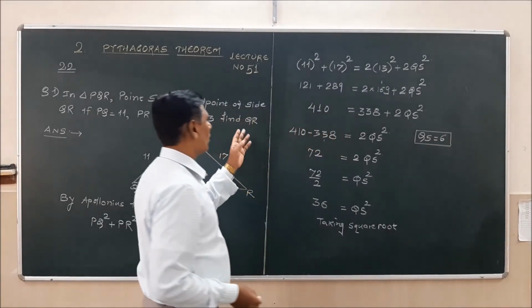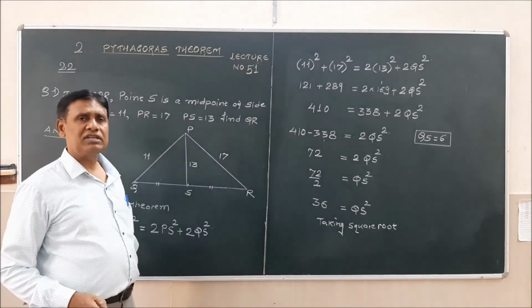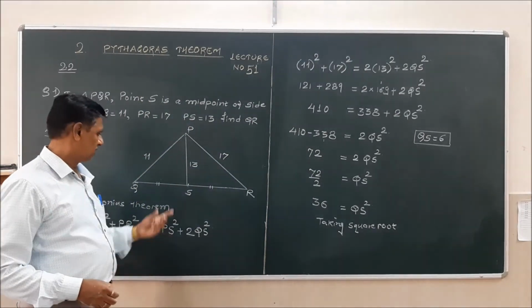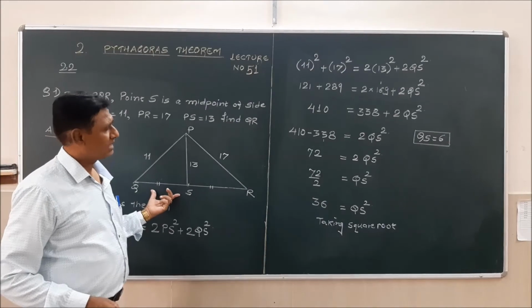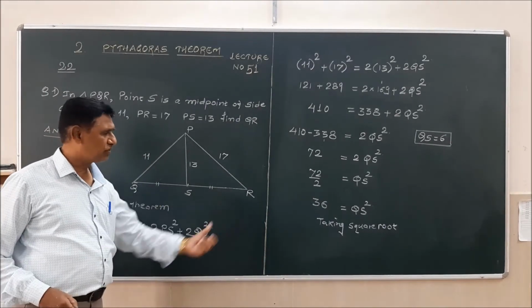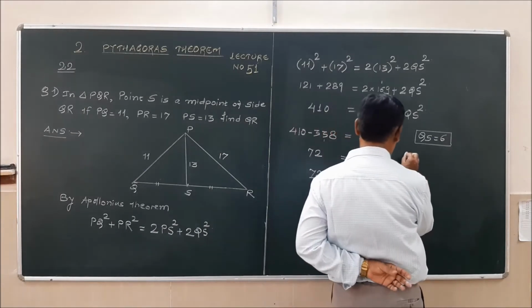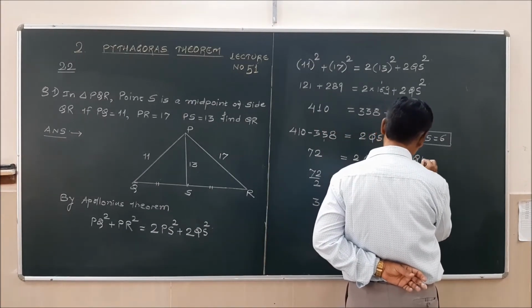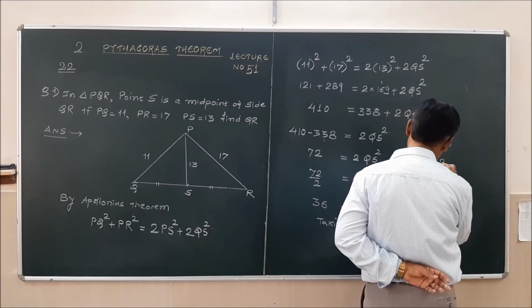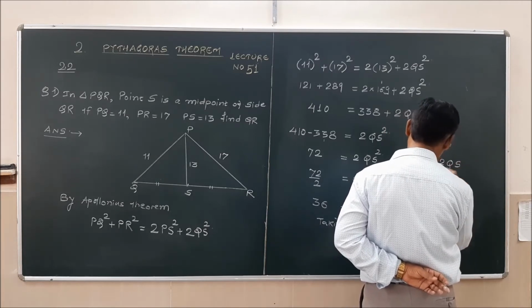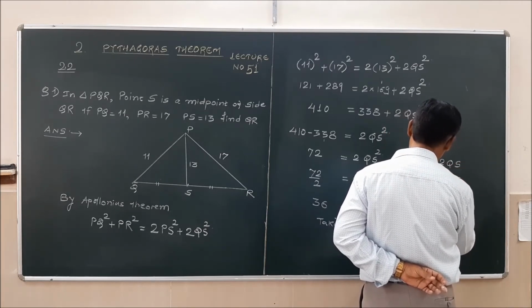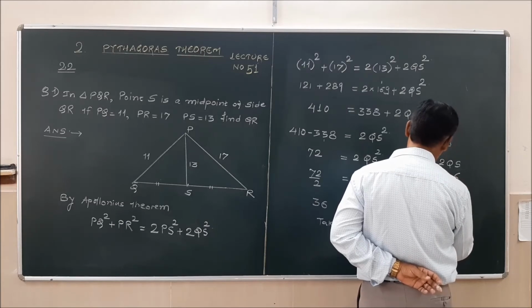The question is to find QR, and if you know QS as 6, then twice QS will give us QR. Therefore, QR is equal to twice QS, that is equal to 2 into 6, 12.